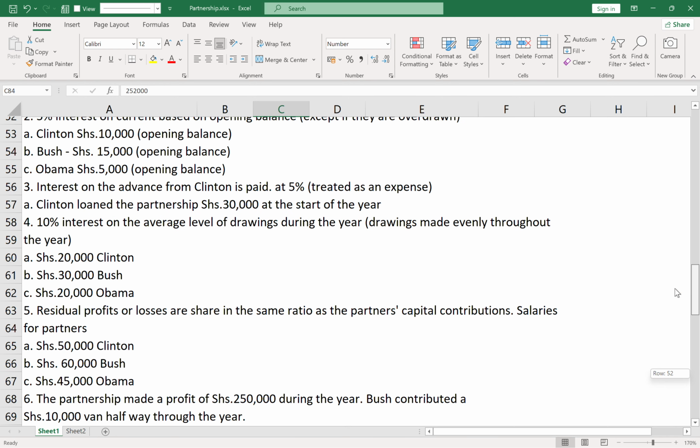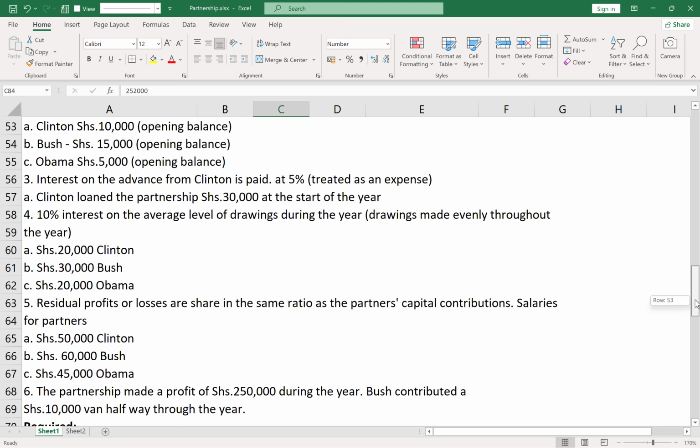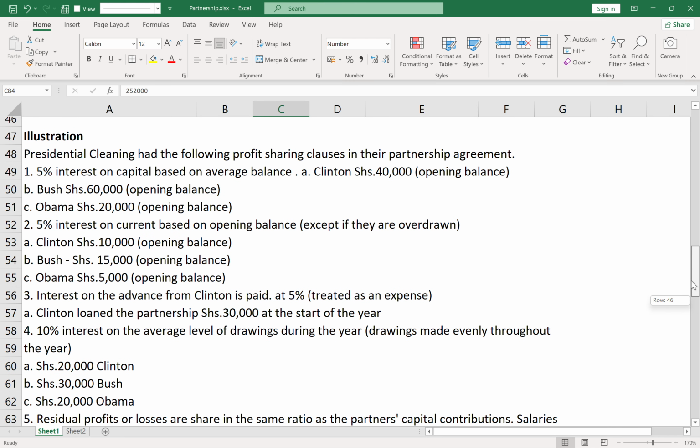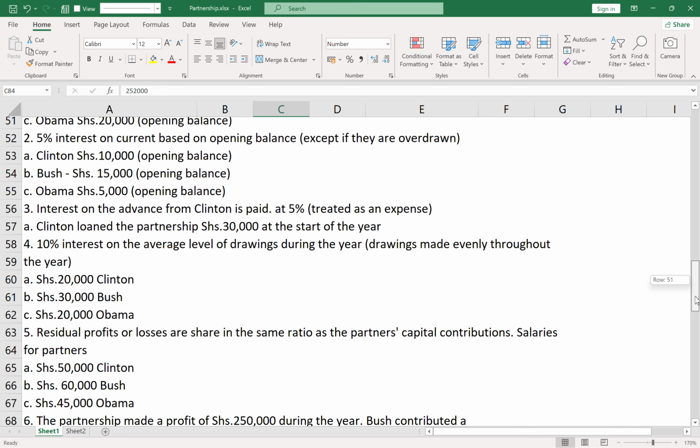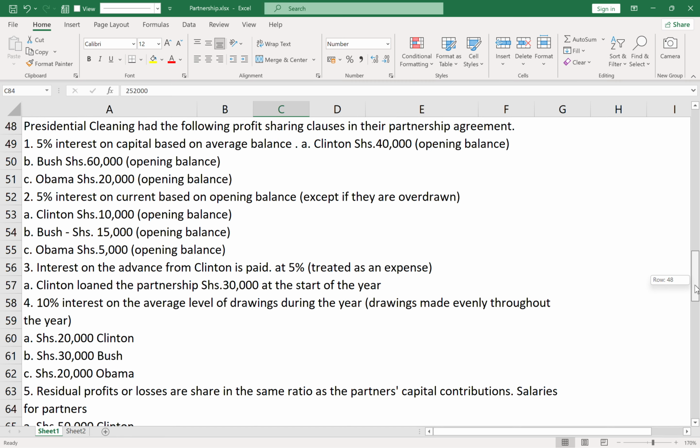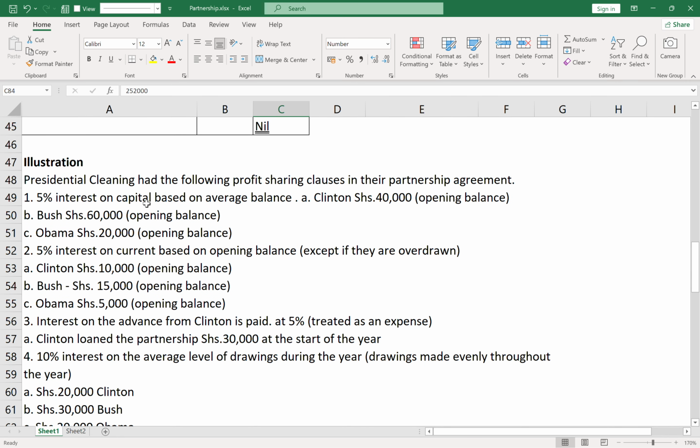We have been told 5% interest on capital, based on average capital. So 5% of 40,000 gives us 2,000. So the interest on capital is 2,000.